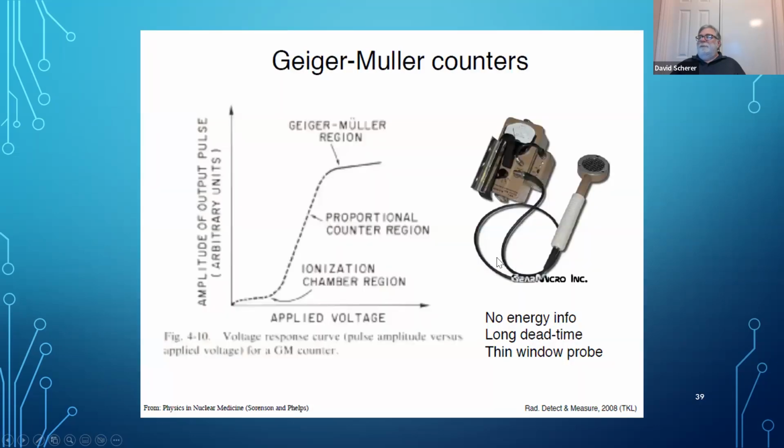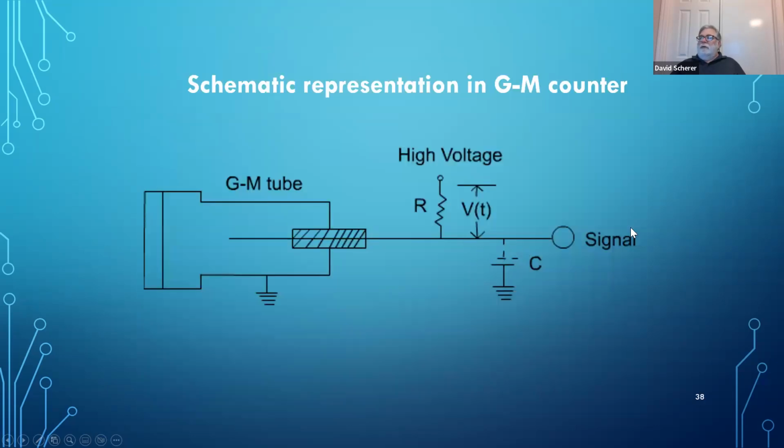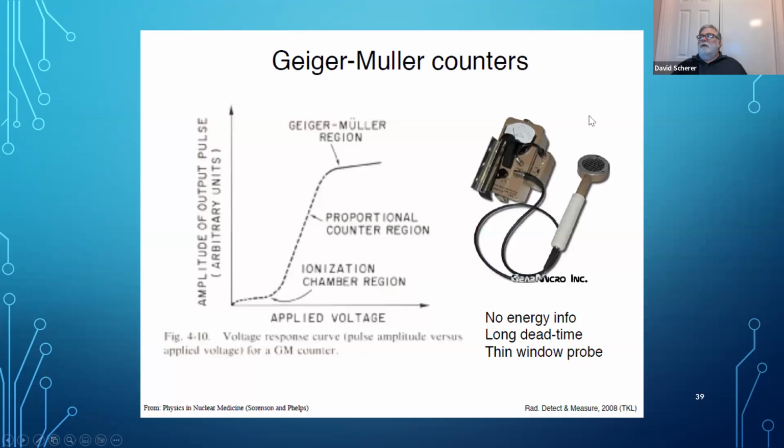The capacitor here does two things. The preamp matches the impedance so the signal isn't lost, and it allows the charge to be dissipated and returned to normal.